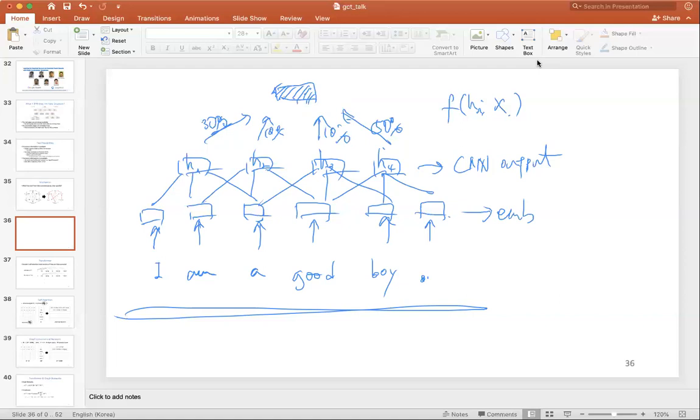Sometimes RNN performs better, sometimes CNN performs better, and I don't think there's a clear strategy for choosing one over the other. But RNN is such a robust, stable architecture that people just tend to use RNN.